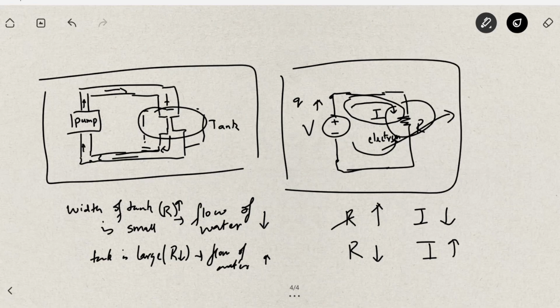So you will encounter problems where you have to derive an electrical analogous equivalent of mechanical systems.